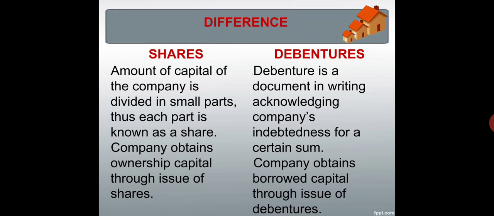The second point: the company obtains ownership capital through the issue of shares. In debentures, the company obtains borrowed capital through the issue of debentures.